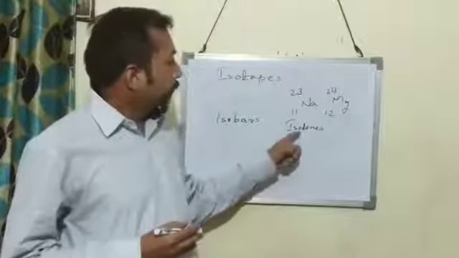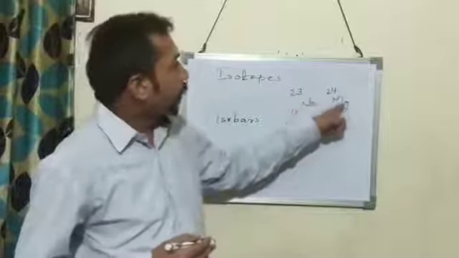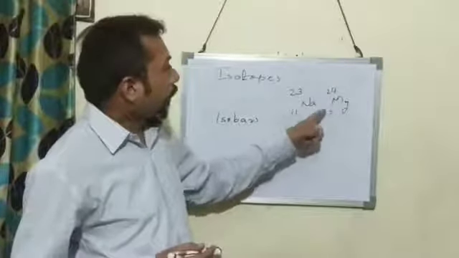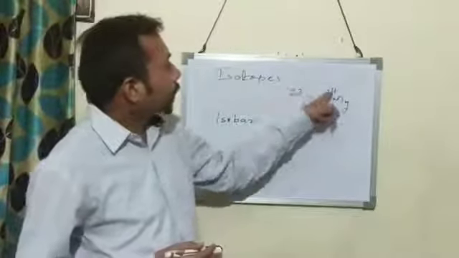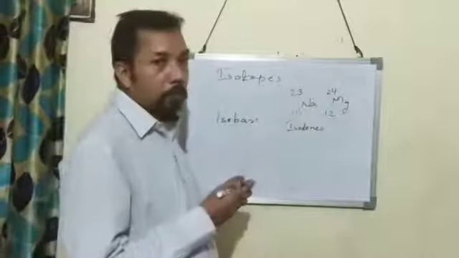The next one is isotones. Isotones are atoms of different elements having different atomic number, different mass number, but the same number of neutrons.